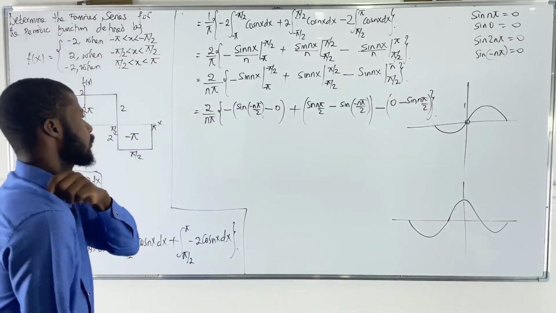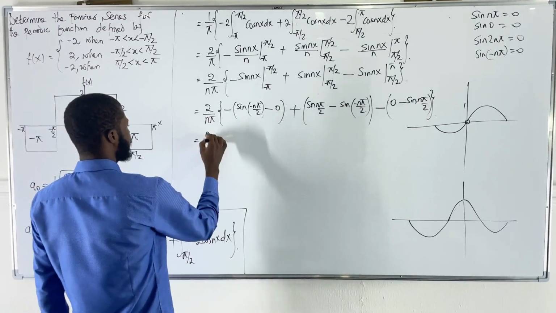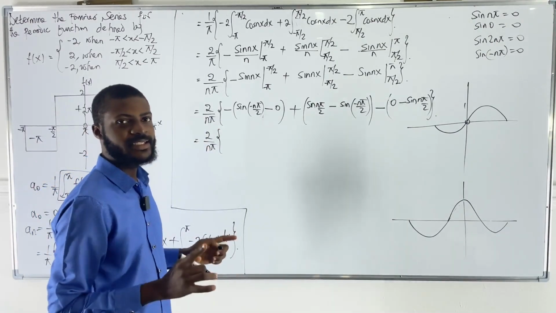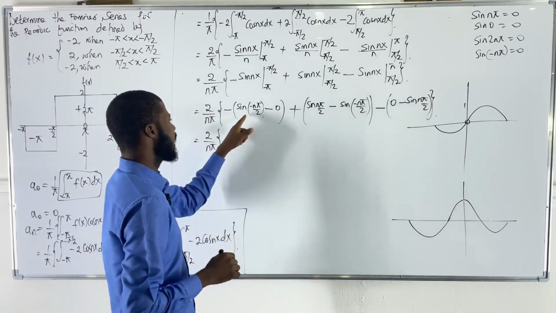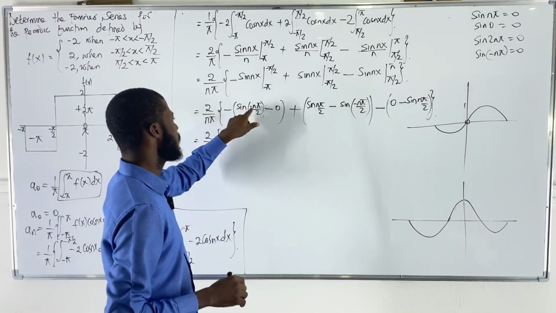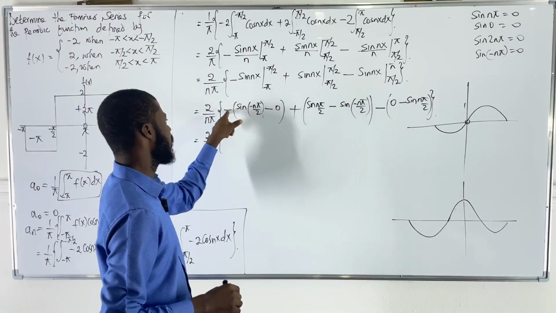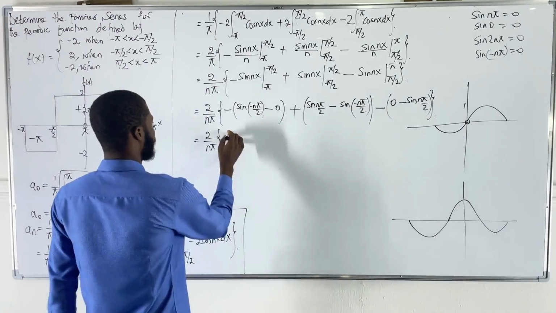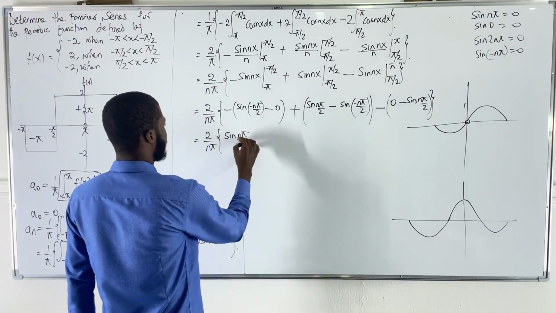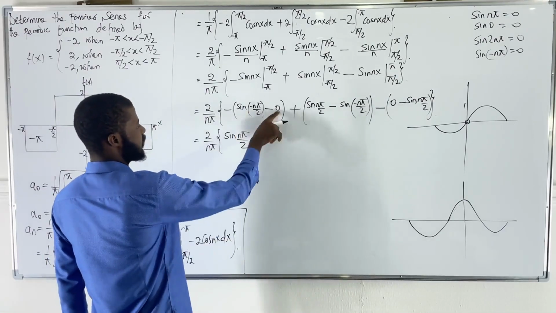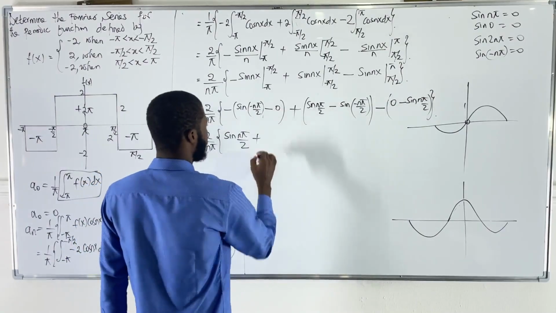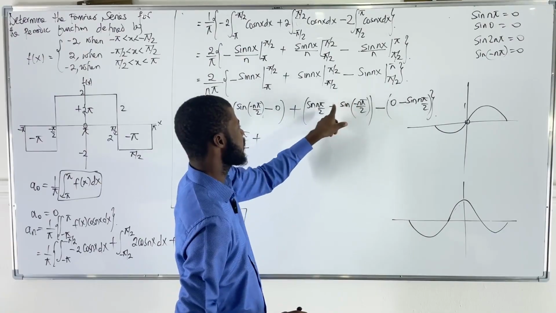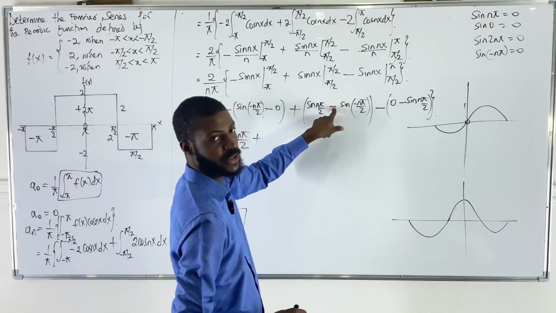Okay. So let's see. So this is 2 over n pi. Now remember that in trigonometry, sine is odd. So this minus will come aside to make this very minus. So that will become sine n pi over 2 for this part. The 0 is nonsense, so it's gone. Then plus, for this one, if this minus comes outside to make this other minus, that will be plus, right?